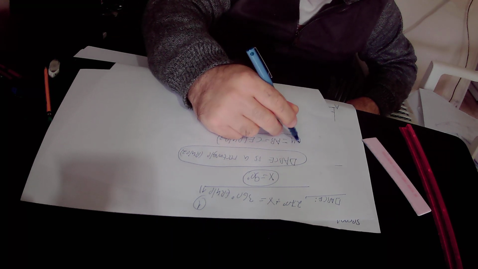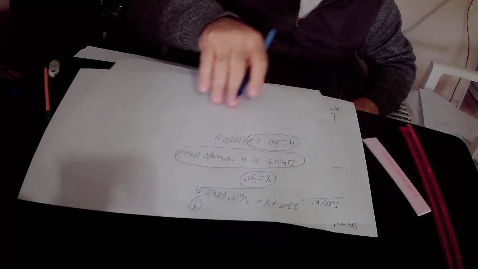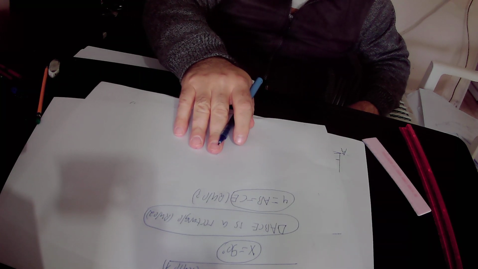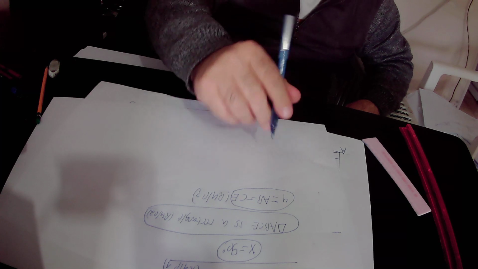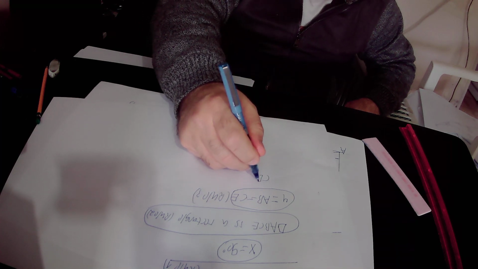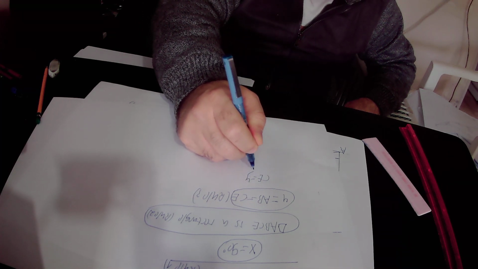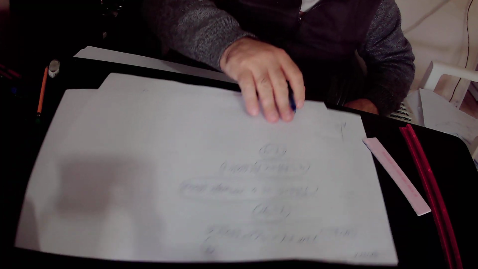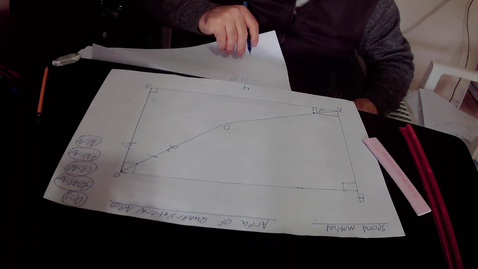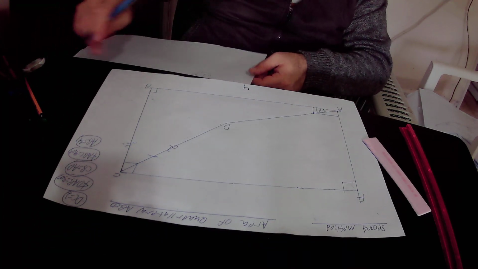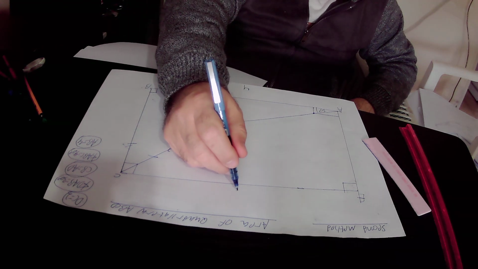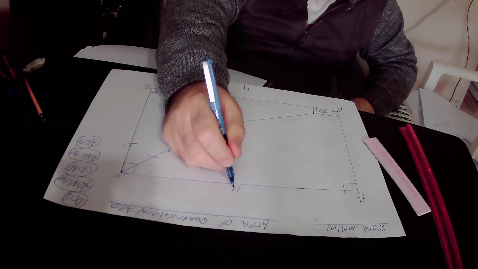And from this equation, we will derive that CE also equals to 4 units. Here, CE equals to 4 units.